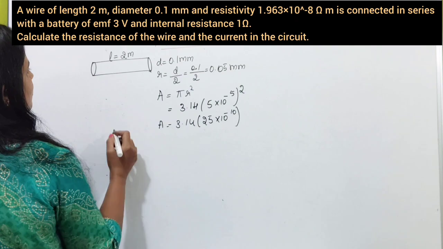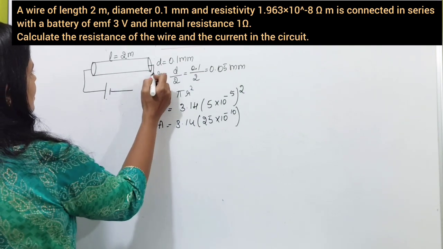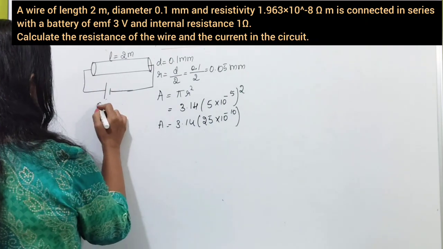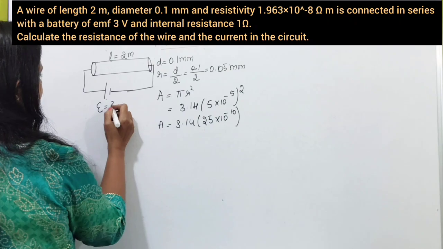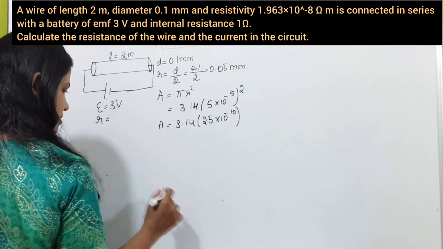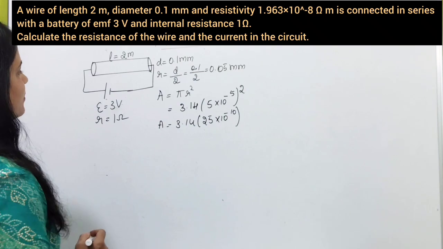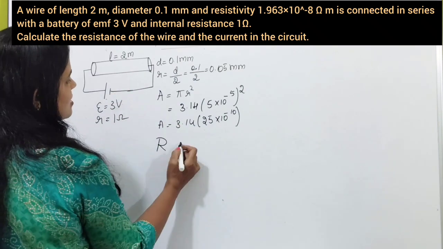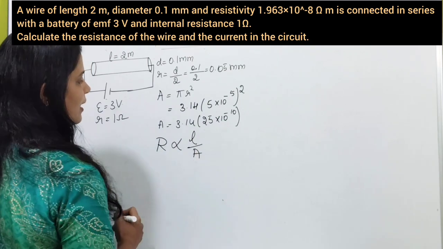Now, this is connected to a battery and its EMF is given as 3 volt, and internal resistance is given as 1 ohm. So we know that the resistance of the wire is directly proportional to length and inversely proportional to area.